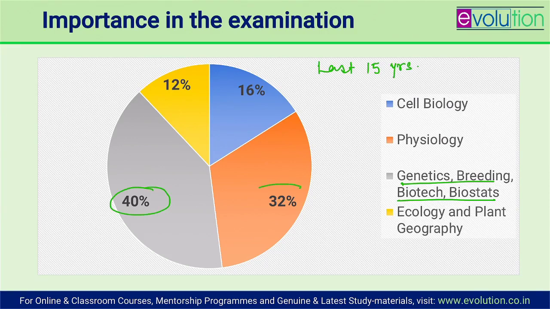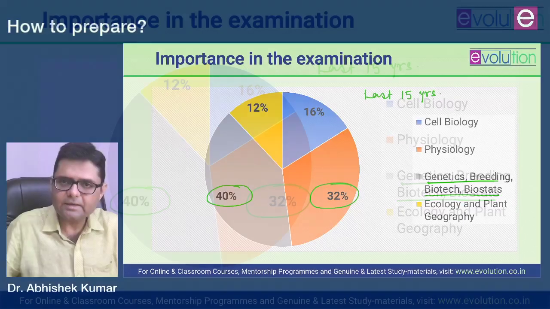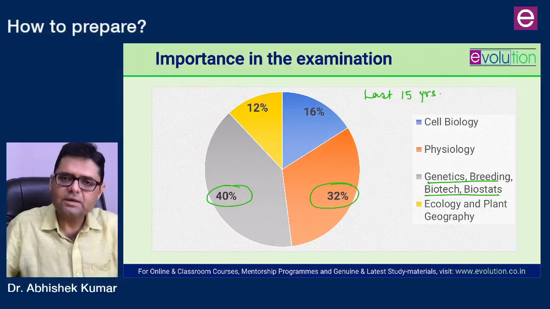The second largest area is plant physiology and biochemistry, which we will be dealing with in our subsequent videos. My next video will be on plant breeding, biotechnology, and biostats, and then the video after that will be on plant physiology and biochemistry. We have already done cell biology, and the last area will be ecology and plant geography in paper 2.